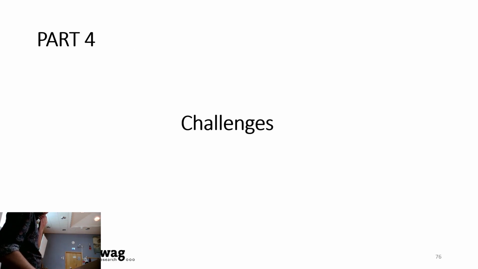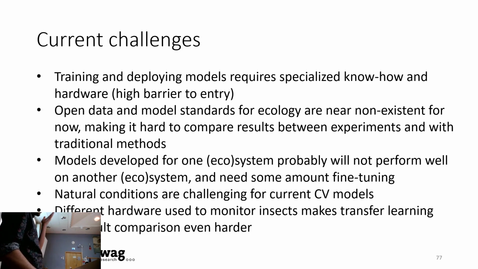Right, so challenges, of course. Training and deploying models requires specialized know-how, so there is a high barrier to entry for ecologists to be able to even use these tools a lot of the time. And the point that we made also yesterday during the discussion was that open data and model standards for ecological applications are non-existent, so it's really hard to compare apples to apples because everybody is doing something slightly differently.